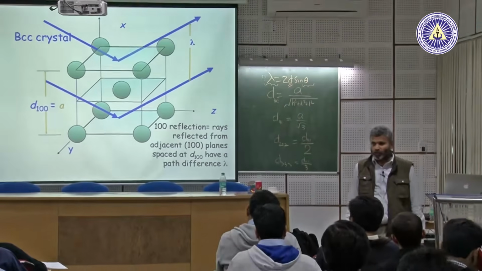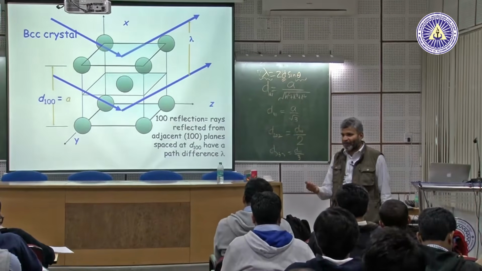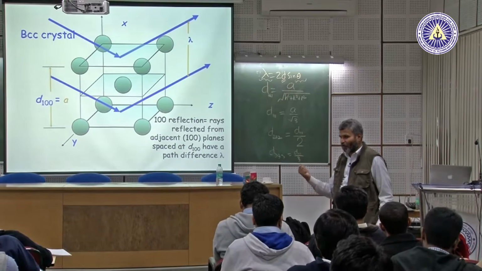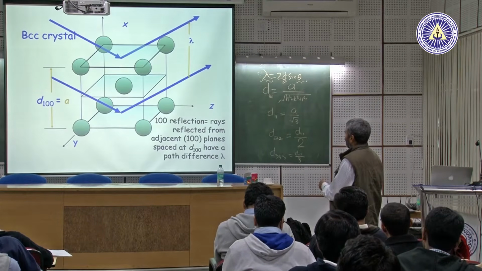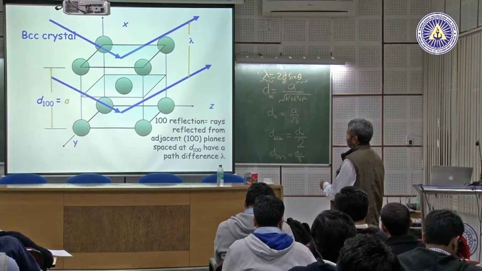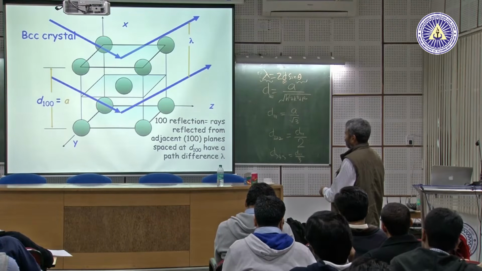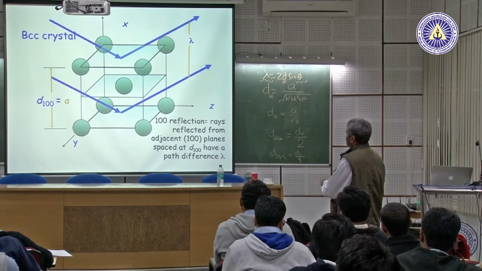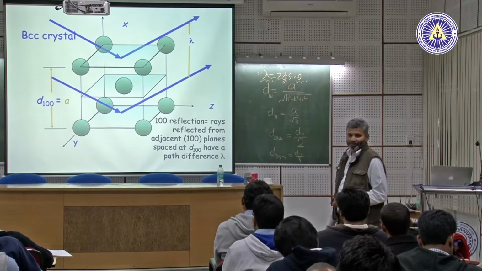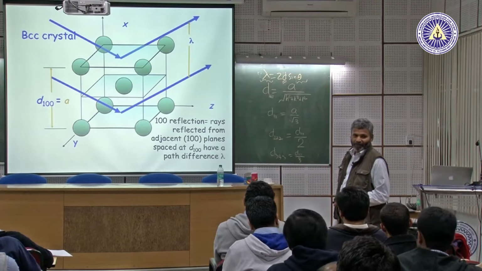Okay. 100 reflection is a short phrase which is condensing this long sentence: waves reflected from two successive planes which are spaced by a spacing a have a path difference of 1 lambda, right.